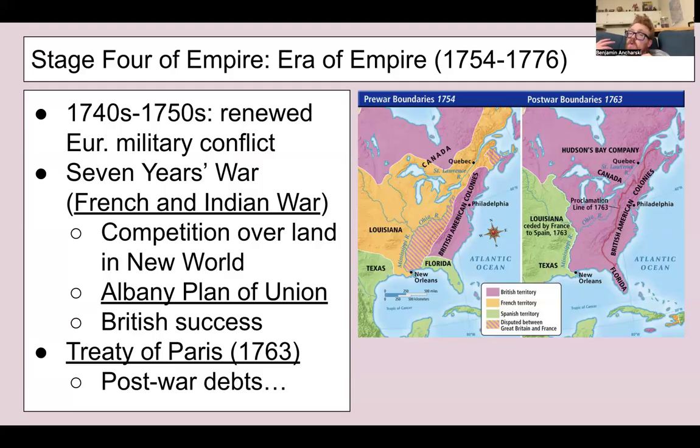And yet, in order to pay for the war, in order to pay for this newfound empire, the British are going to have to reconsider the policy of salutary neglect. Maybe in order to pay for the empire we acquired, in order to make up for lost money we got indebted to banks and other countries during the Seven Years' War, maybe we've got to actually tax the colonies.